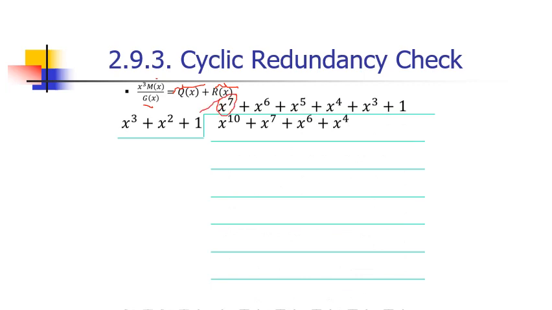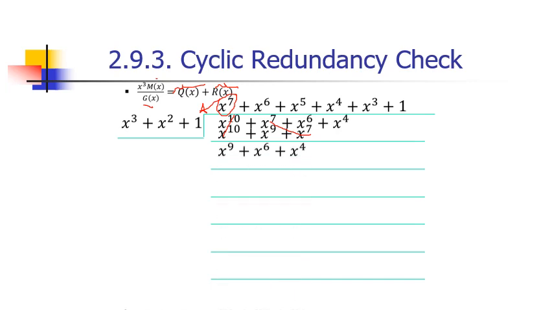You multiply x7 by this, you will get this, and you do your subtraction in a special way, as if you are XORing. Similar terms are cancelled, x10 and x7, and you write the rest without paying attention to the sign. So the rest is x9, x6, x4.